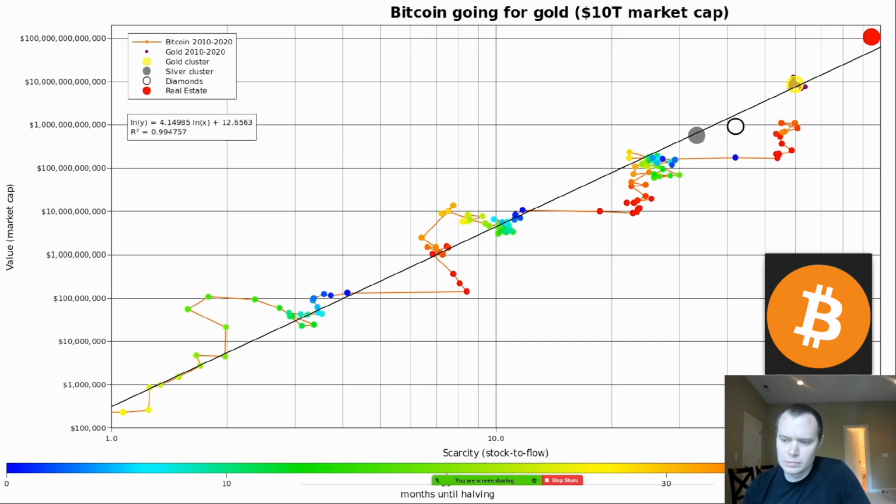So the basic thesis for the stock to flow model is that when Bitcoin's scarcity, or stock to flow, jumped last halving from 25 to 50 or above 50, it gets to the same order of magnitude stock to flow as gold, and the model then says value should also grow towards that same market value as gold, which is around 10 trillion at the moment, and it was around 10 trillion the last 20 years, which are all the purple dots in that big yellow blob.